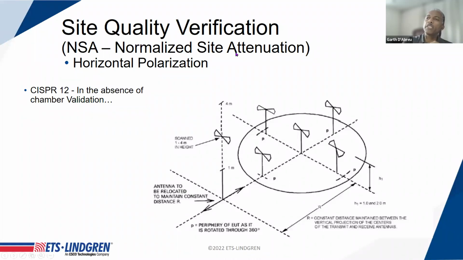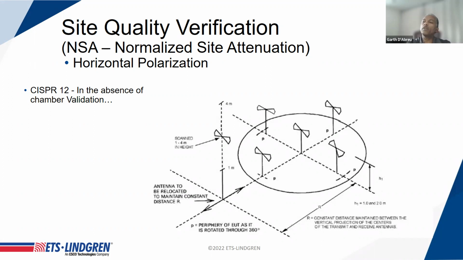Now, I put this little note at the side here with reference to CISPR 12, because in the current version of CISPR 12, there is no chamber validation method. And there is an attempt, or work being done, to come up with an acceptable procedure that can be introduced in the next revision of the document or another revision of the document.